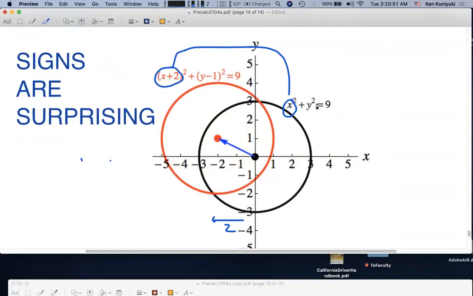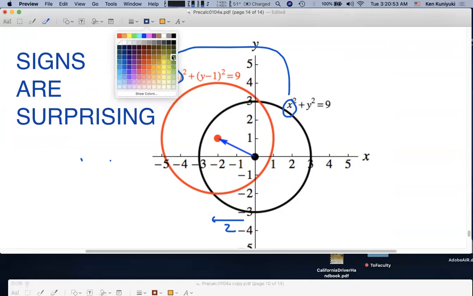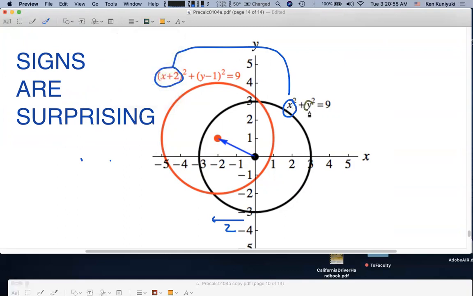But now look at this. In order to move the graph up by 1 unit, in particular, in order to move the center up by 1 unit, we substitute or replace y with the quantity y minus 1, not y plus 1, y minus 1.